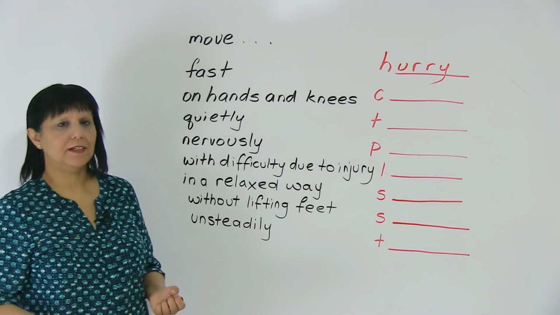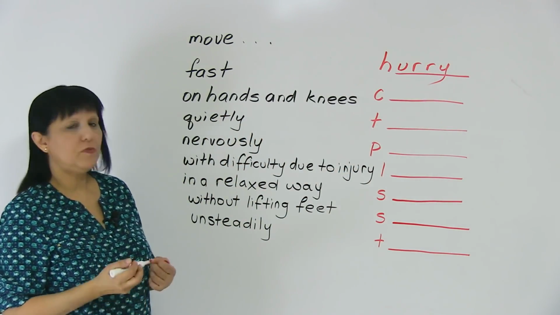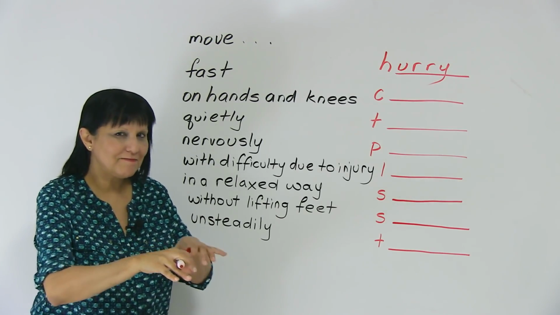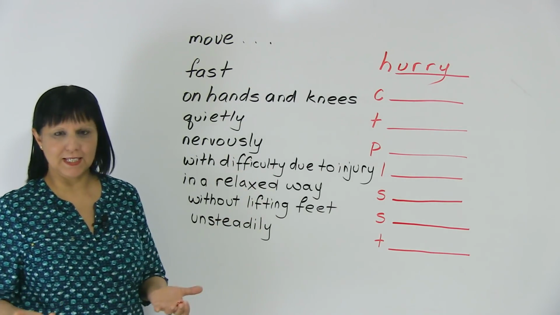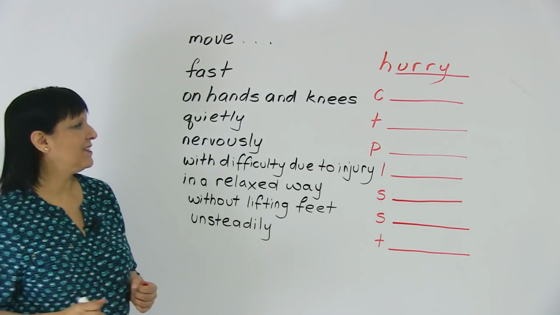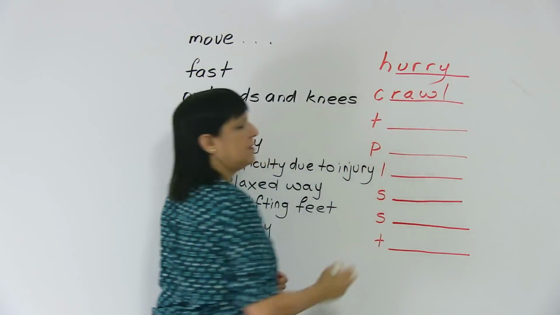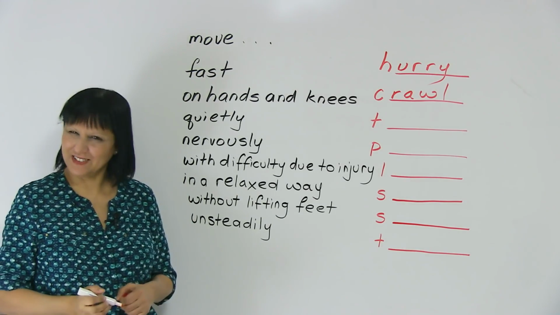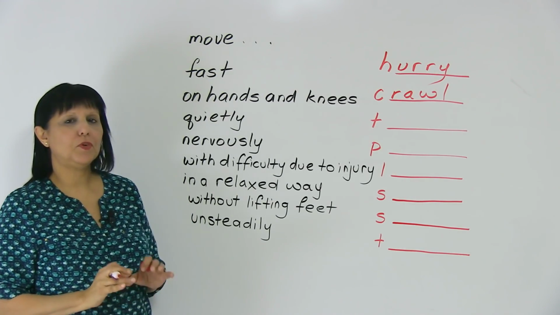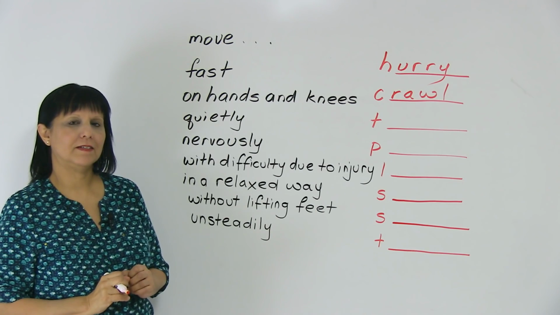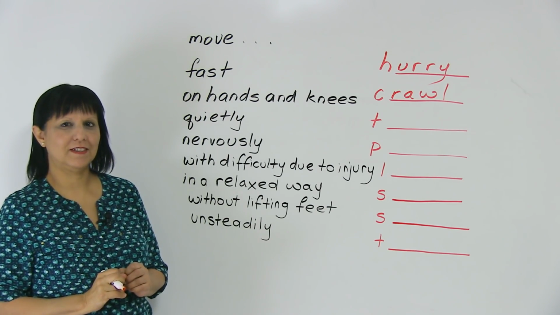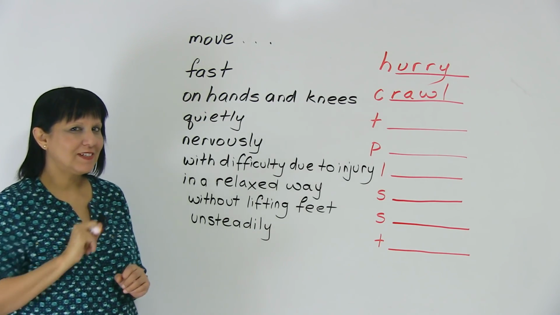hurry, right? Very good. To move on your hands and knees. The word starts with C. What's the word? To crawl. Okay, good. To move quietly. What's the word? Like the teenager?